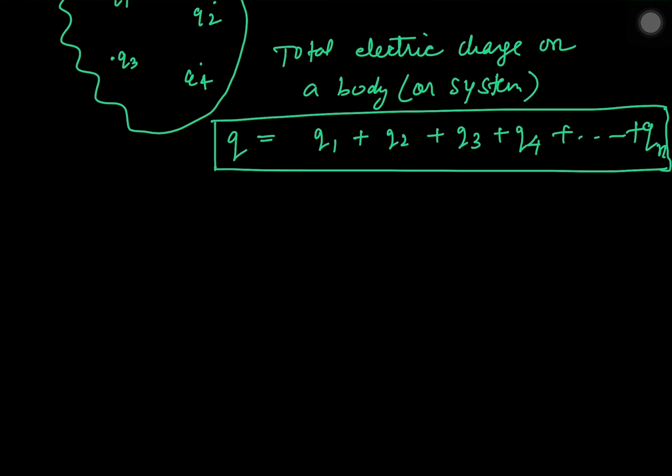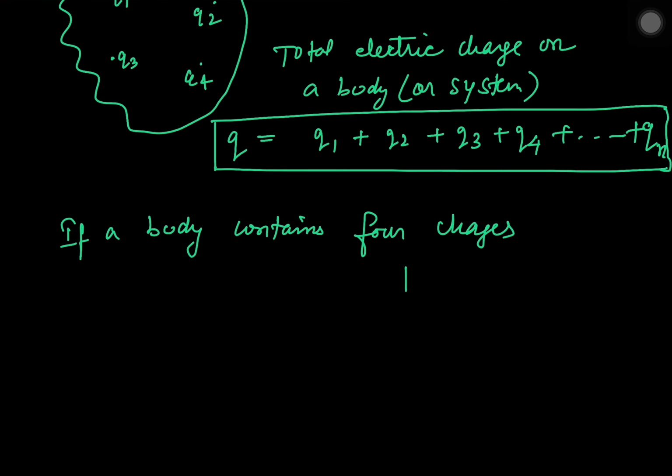Let us consider a case where a body contains 4 charges. The charges are plus 2 microcoulomb, minus 3 microcoulomb, plus 4 microcoulomb, and minus 5 microcoulomb.